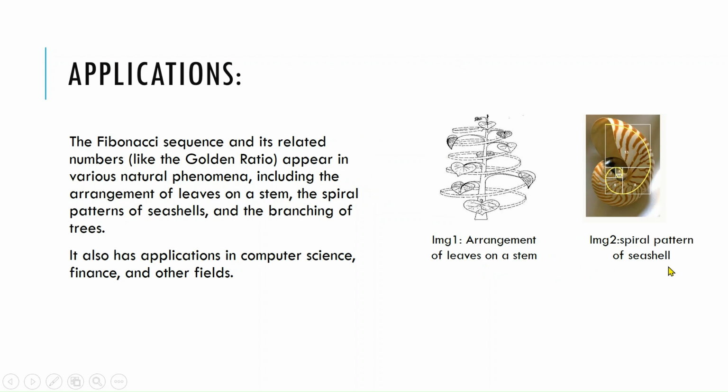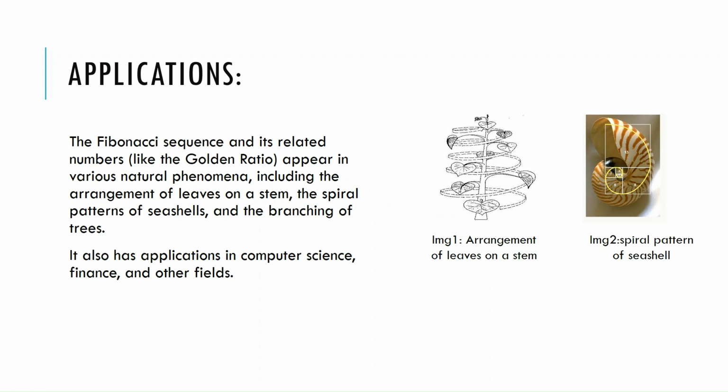As we generally discuss, what is the use case where it applies for any logical problem? So here for Fibonacci sequence, there is one more sequence called golden ratio. These two are related to each other. They appear in natural phenomena.